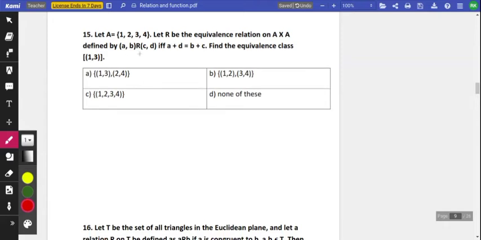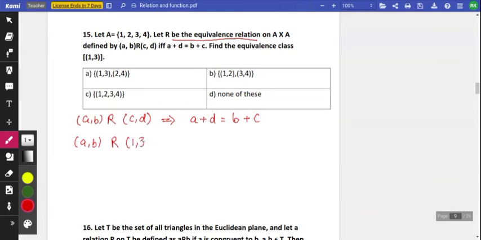In this, the given relation is an equivalence relation. It is already mentioned that the given relation is an equivalence relation. Now you have to find the equivalence class for (1, 3). (A, B) R (C, D) shows that A plus D is equal to B plus C. Now you have to find the (A, B) relation for (1, 3), the equivalence class for (1, 3).